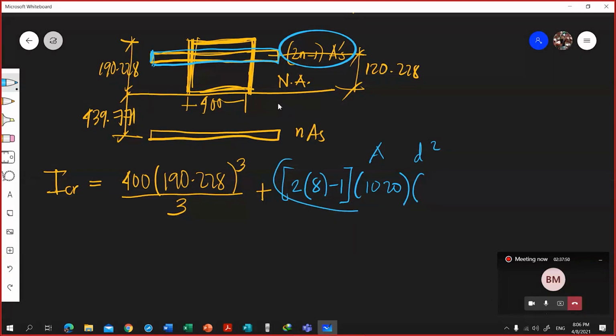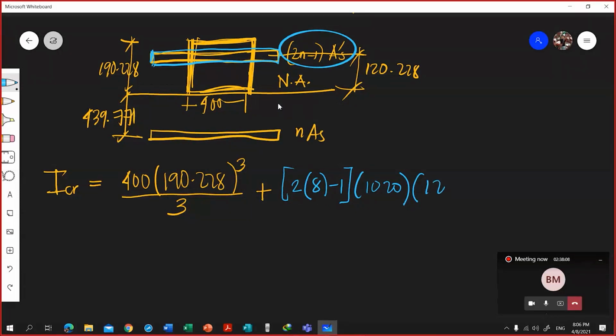Your A is this one and your d is 120.228, the distance of that area from the neutral axis.